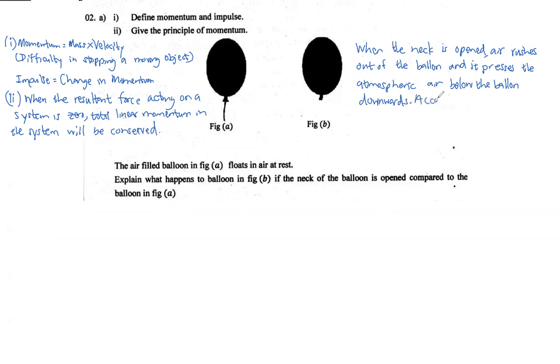According to Newton's third law, what happens? The atmospheric air, I will put it this way, not gives, exerts an equal and opposite force on the balloon in the upward direction.